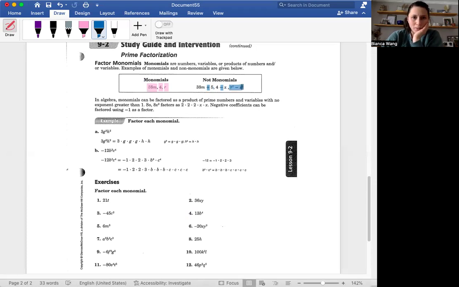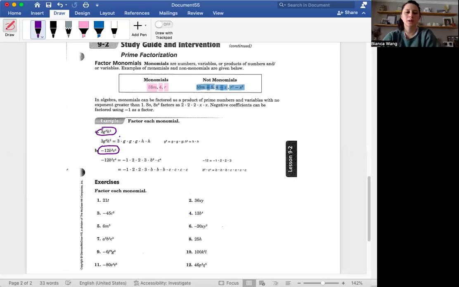So these are non-monomials because of the addition or subtraction operation that's separating the terms. These are examples of monomials, even with exponents, as long as there's no addition or subtraction in between these terms, these are all considered monomials.